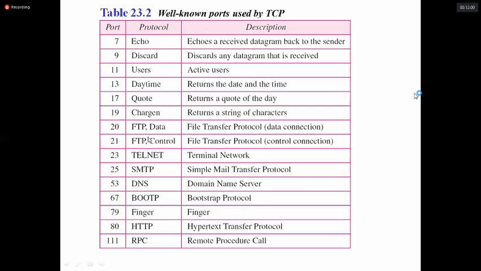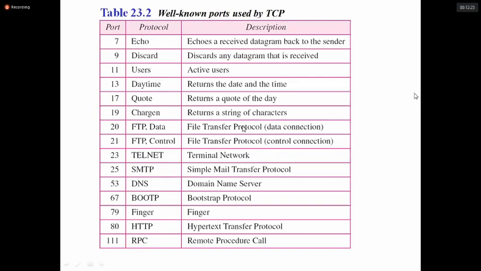Wherever there is guaranteed delivery of data, wherever we require a virtual connection, we use TCP. IP is connectionless and is not aware of this service, whereas TCP is connection oriented. Such applications which require a virtual connection make use of TCP.